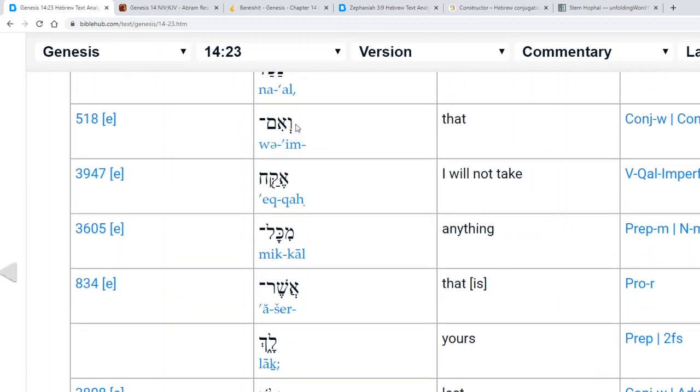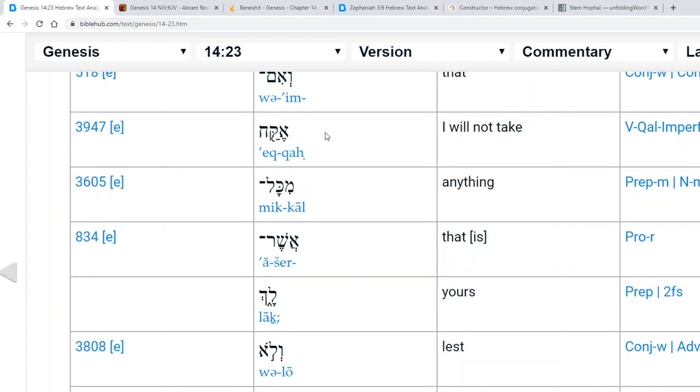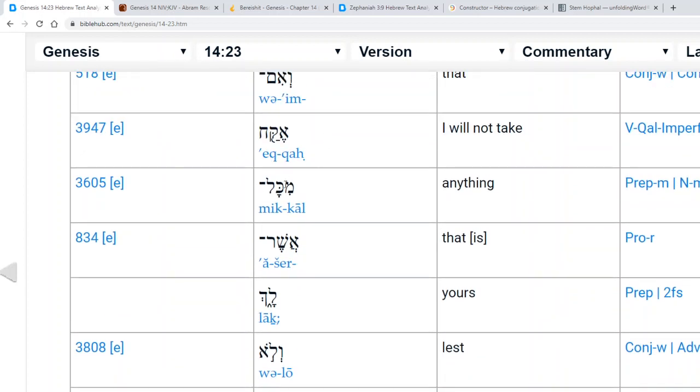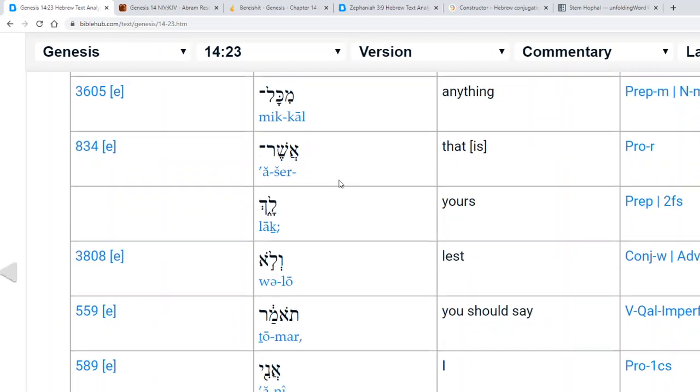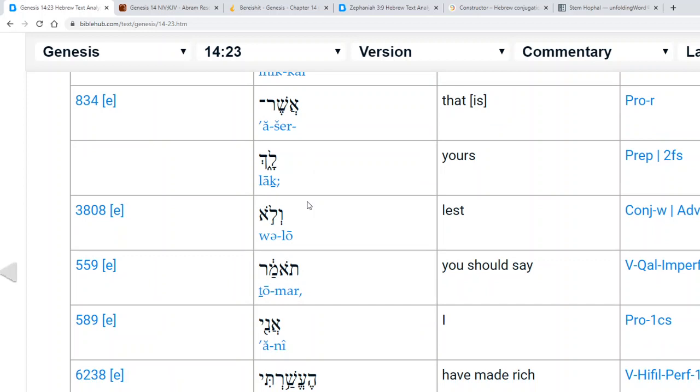Ve'im ekach, so conjunctive of, and again the im and if. Ekach, right? This is lakachat, to take. We talk about that root. Ekach, the aleph puts it in the first person common singular in the imperfect, right? If I take, mi kol, so prepositional mem, kol means all, asher is the pronoun relative, lach, again, it's in the feminine singular, the you, and not exactly sure why.